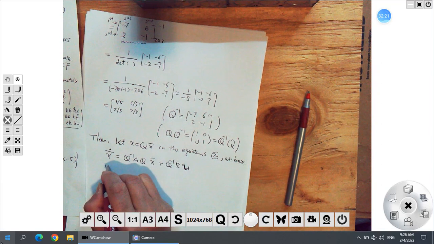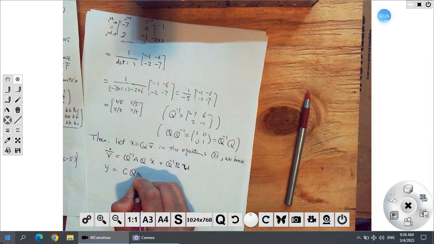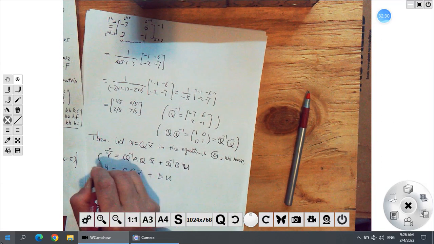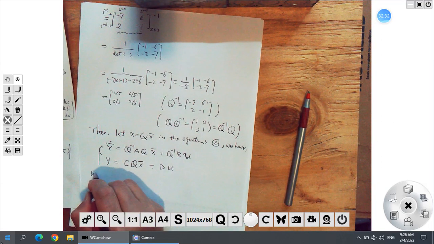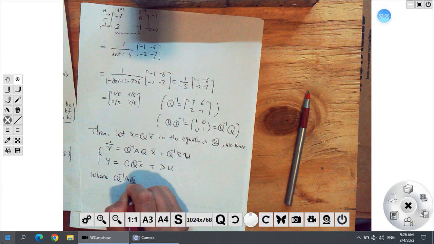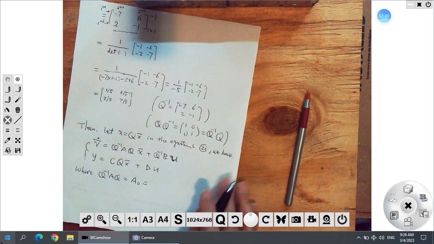Here y equals C Q x bar plus D u, where Q inverse AQ, actually this is just AO, will equal to, now some calculation, right?